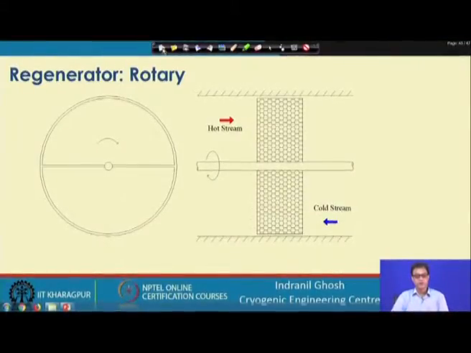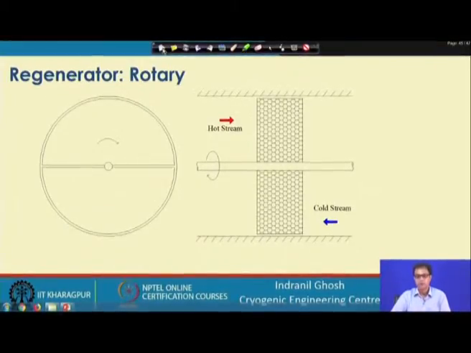Historically, the regenerator started in 1816 with the Stirling air engine, the hot air engine, and gradually it has been adopted in different refrigeration systems. Particularly in cryogenics, we find plenty of applications of this regenerative type of heat exchanger.